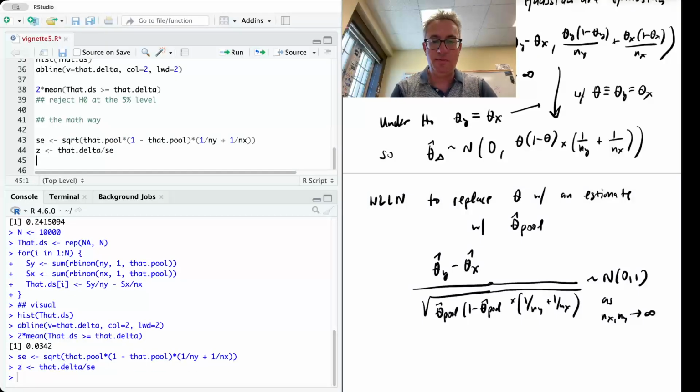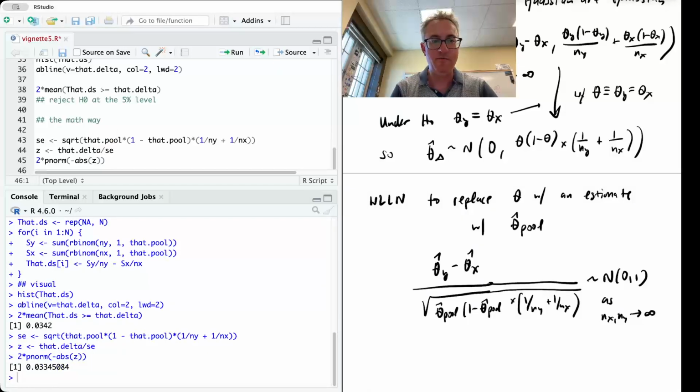And then I can get a p-value as 2 times pnorm of minus ABS z, the same way we get a z statistic p-value. And you can see that our asymptotically approximated p-value mathematically gives a very similar result to what we calculated by simulation. So that's part A of chapter 5.